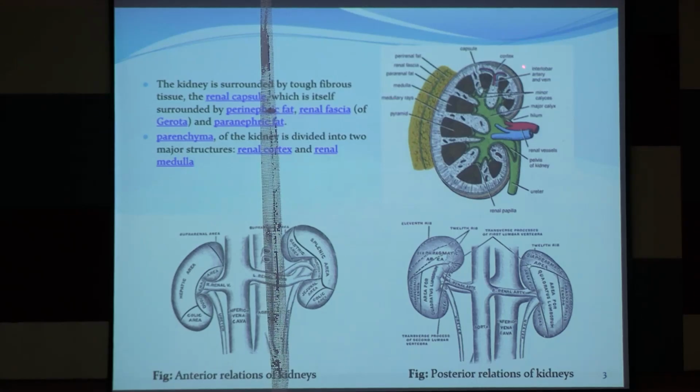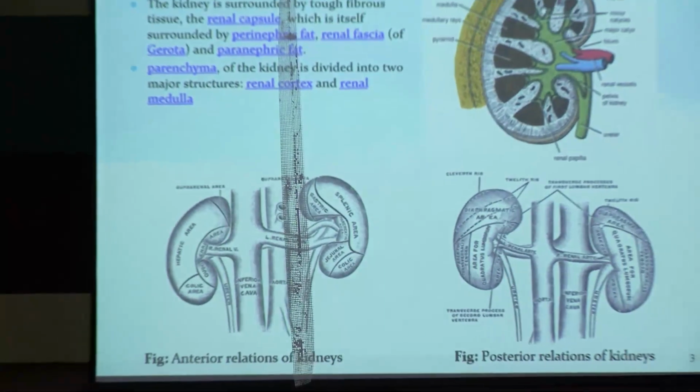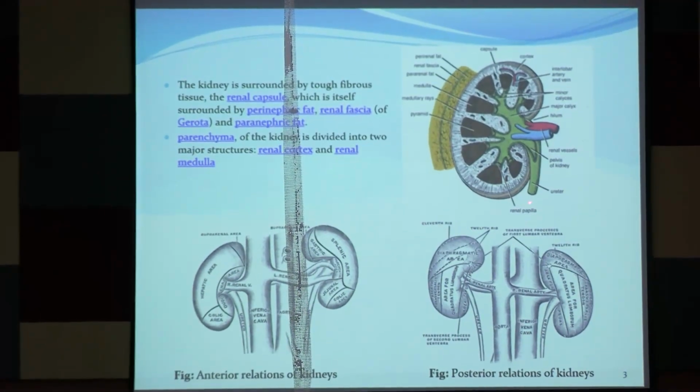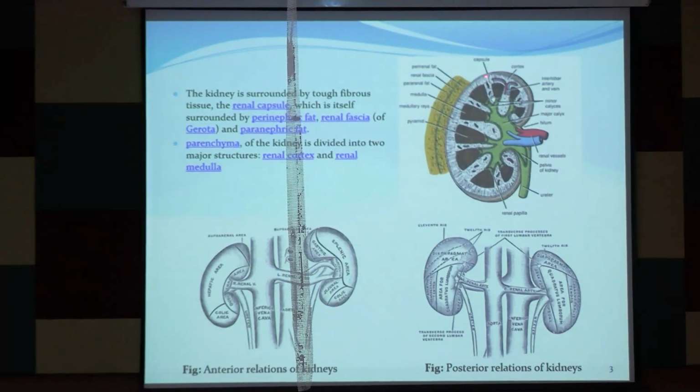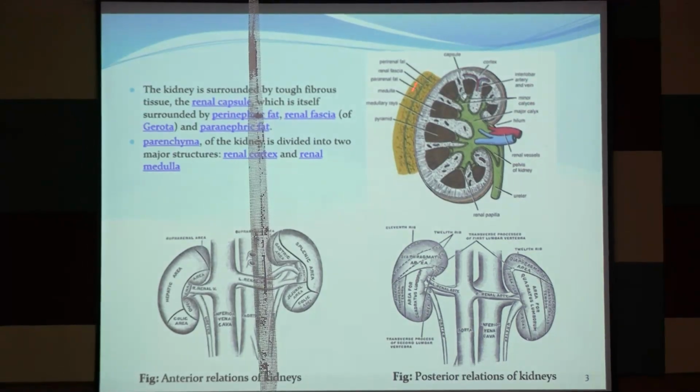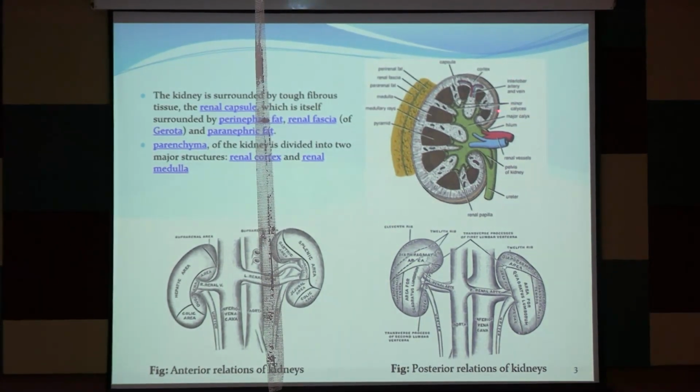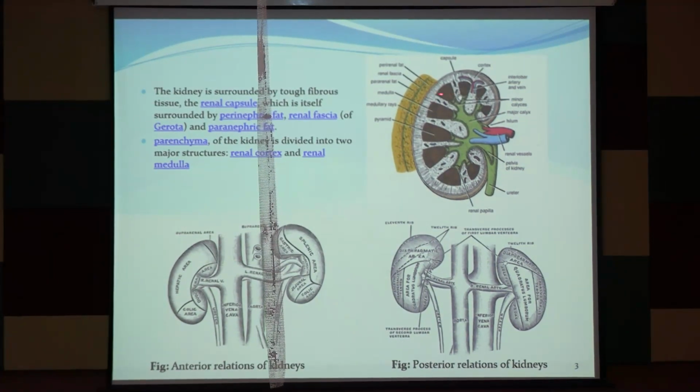As we can see, this is very important to know. Why? Because we can understand later on how the staging goes. So as we can see, the kidneys are here. This is surrounded by a capsule which is known as the renal capsule. This is the renal capsule which is encircling the kidney, and then there is a perinephric fat which just surrounds the kidney.